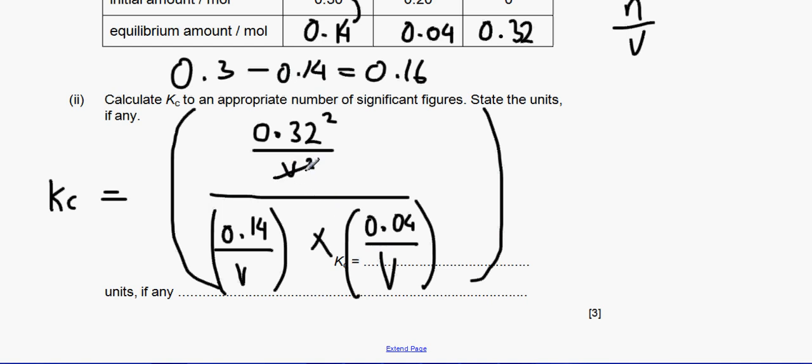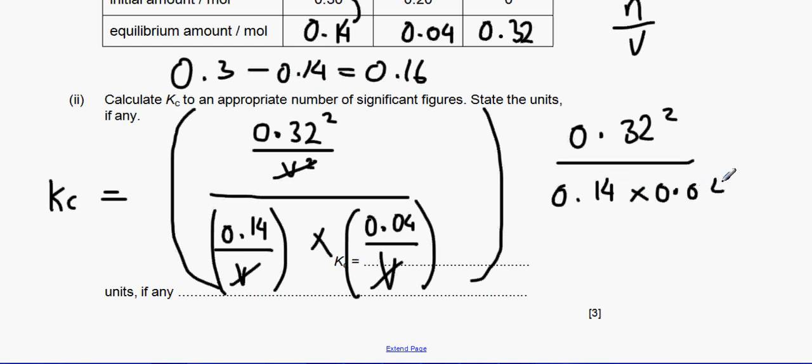So we can cross them out. And if you do maths, especially C3, you'll be able to notice this, as there are 2 V's at the top, 2 V's at the bottom. That means we can cross them out. So it would look like this: 0.32 squared over 0.14 times 0.04. Okay?